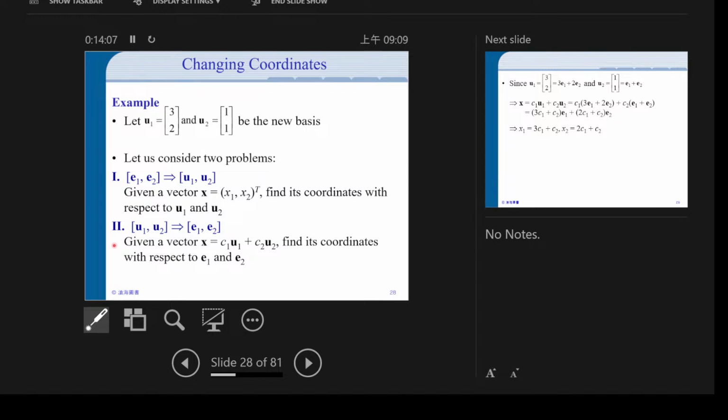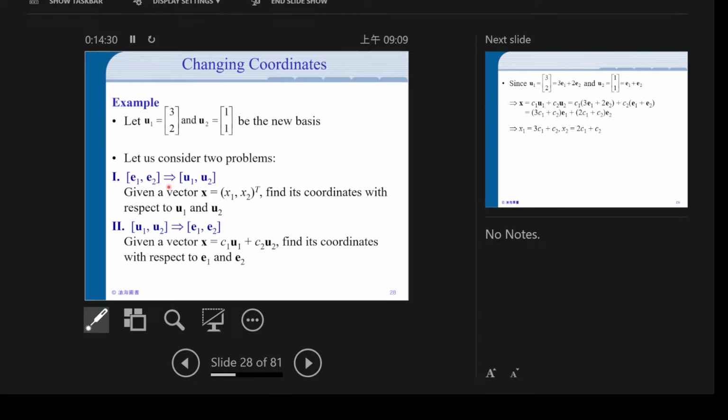And then we have another problem: we already have the coordinate vector in u1, u2, so we have x equal to c1 times u1 plus c2 times u2, and we want to find its coordinates in e1 and e2. So let's do these two problems.